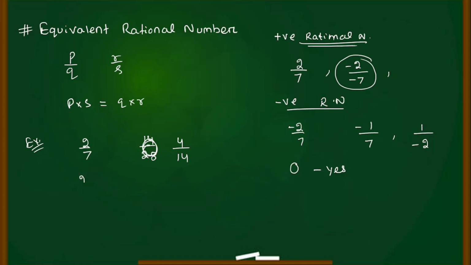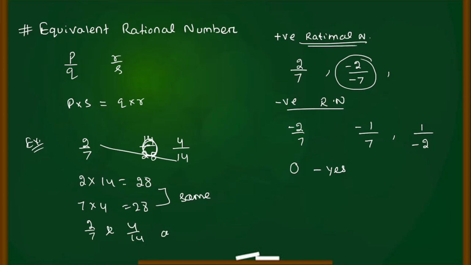First we multiply 2 into 14, that is 28. Now again we multiply 7 with 4, that is 28. They are the same, which means these are equivalent fractions. So you can write that 2 by 7 and 4 by 14 are equivalent rational numbers. Understand?